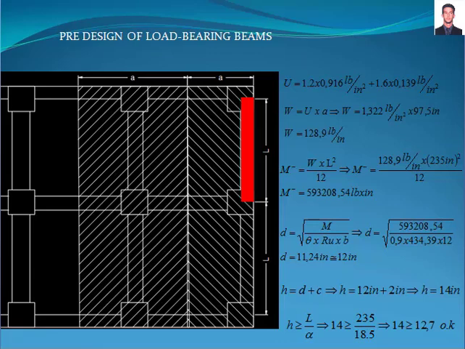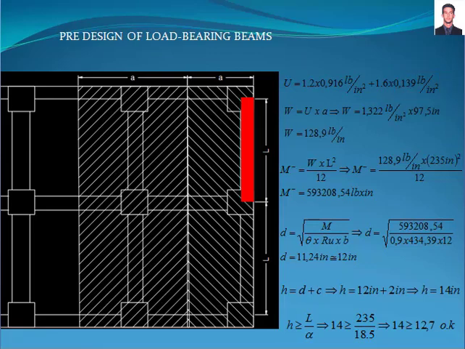The dead and live loads were calculated in the previous step, pre-design of columns, where the dead load is 0.960 pounds per square inch and the live load is 0.139 pounds per square inch.